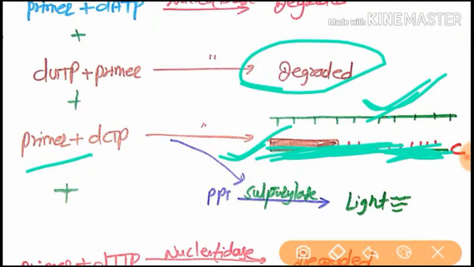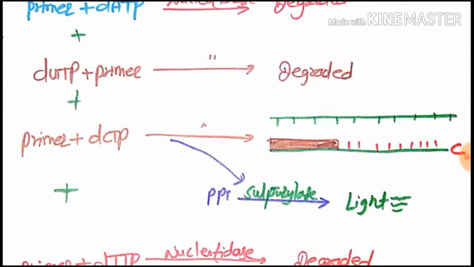So let's see what it is. Two inorganic phosphates have been released from it, and by the use of sulfurylase enzyme it will give a light signal. If you get a light signal, it means one of the nitrogen bases has been added on our newly synthesized DNA.